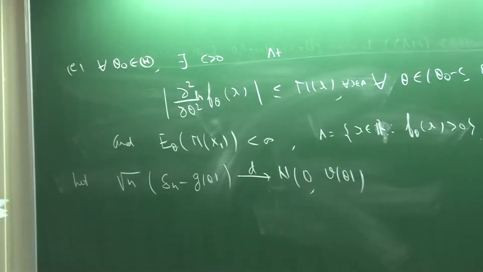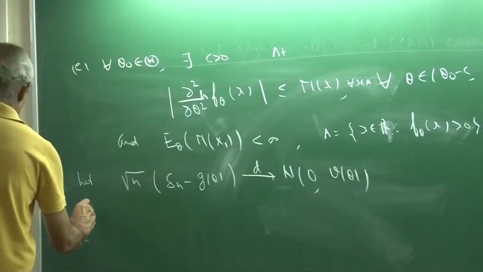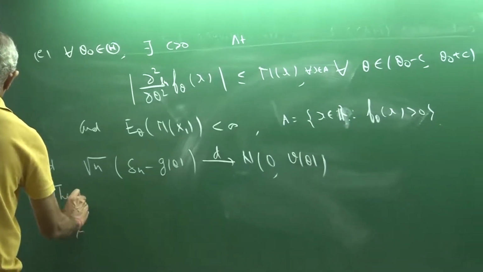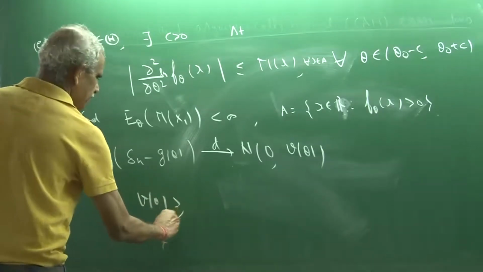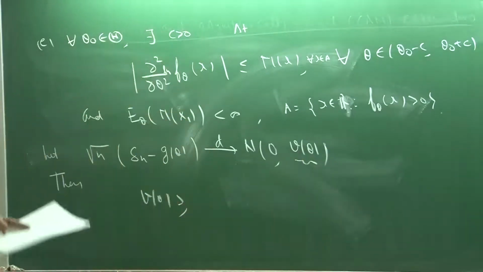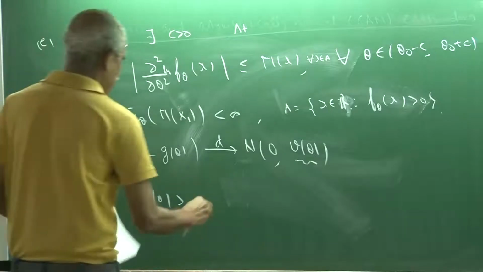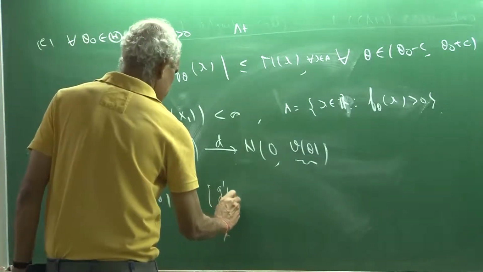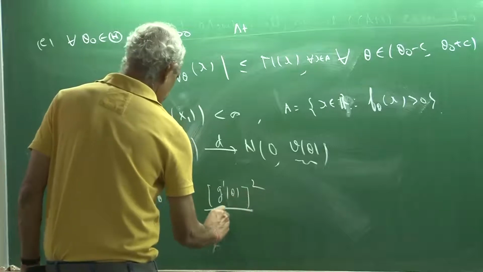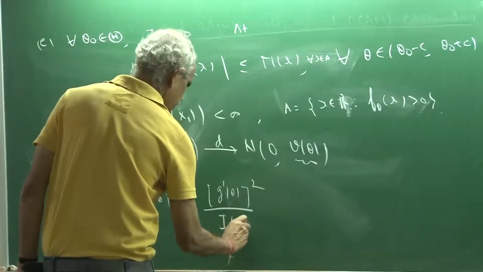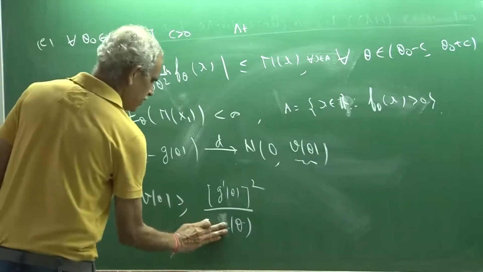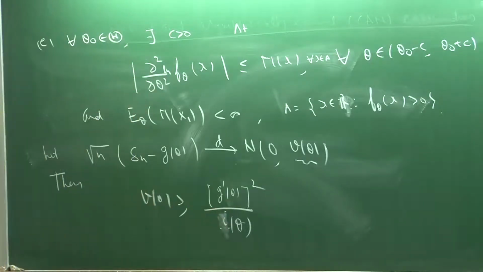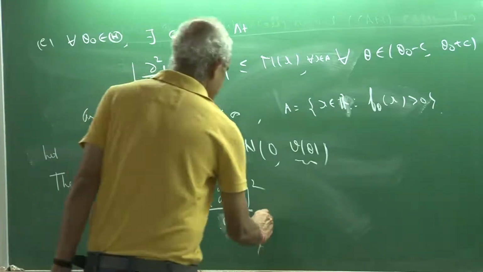Now I give this result in terms of a limiting variance, v theta. So this asymptotic variance which you are getting is always greater than or equal to g prime theta whole square by I theta, small I theta, you can put it, for all theta belonging to capital Theta.